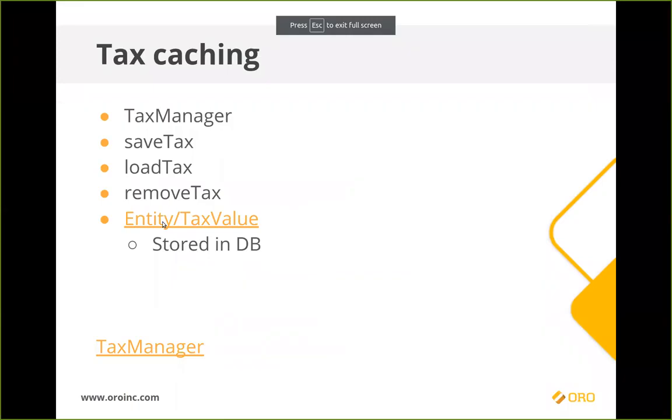Talking about the cache, the tax calculation algorithm can be quite complicated and may take a lot of time. To simplify this logic and make it perform a little bit better, we have methods called save tax, load tax, remove tax, which just store taxed values in the database in the entity called tax value.